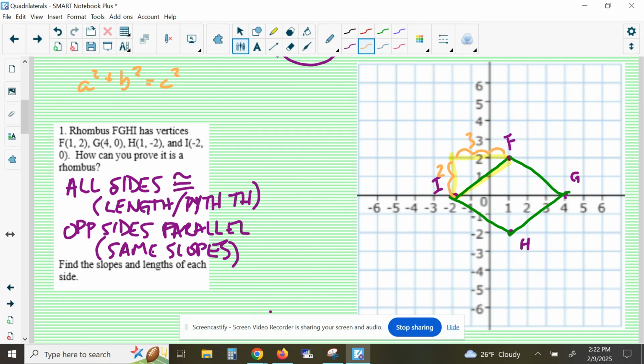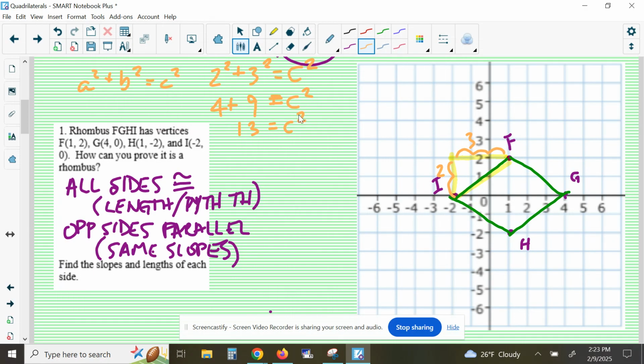So that means I've got 2 squared. I'm going to put this right over here. 2 squared plus 3 squared equals c squared. Okay, 2 squared in my calculator. 2 times 2 is 4 plus 3 squared in my calculator. 3 times 3 is 9. Oopsie. Equals c squared. These are on the same side. Combine, I get 13 equals c squared.